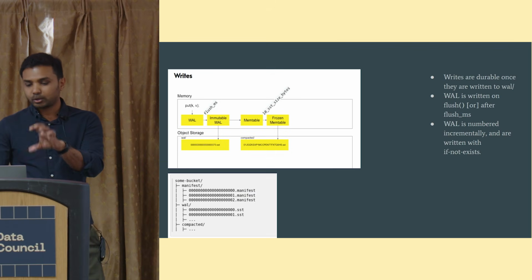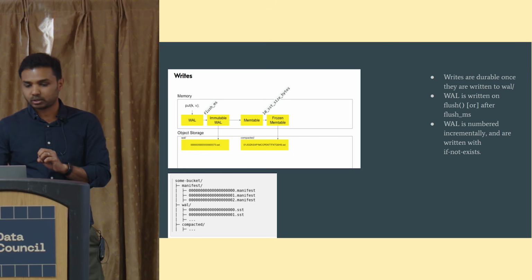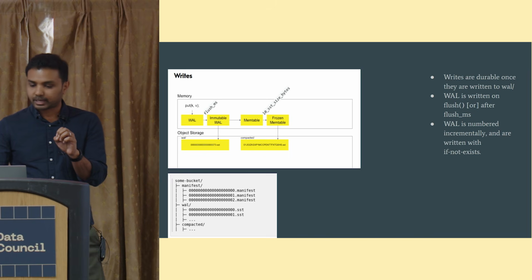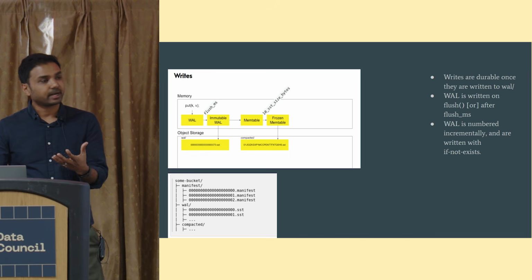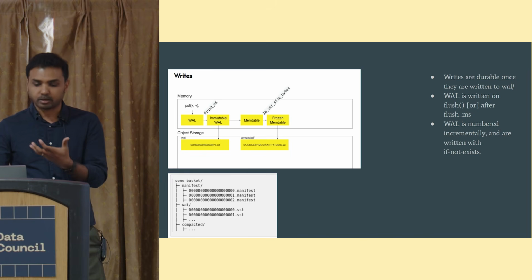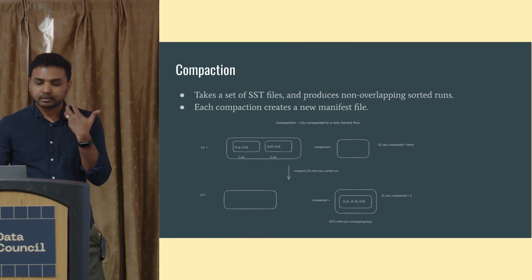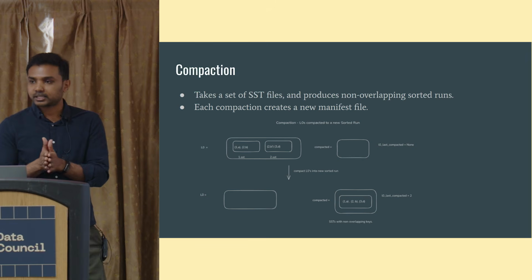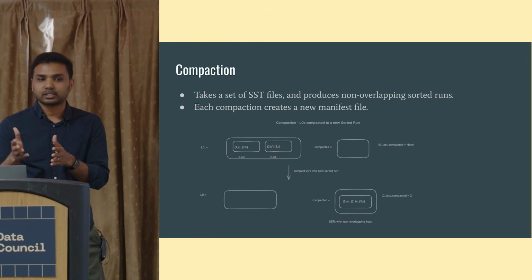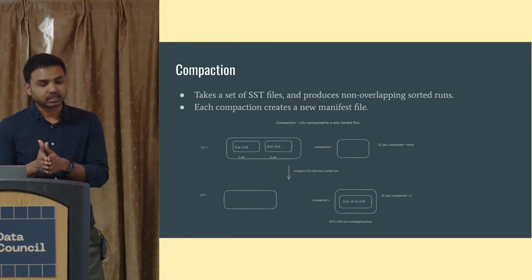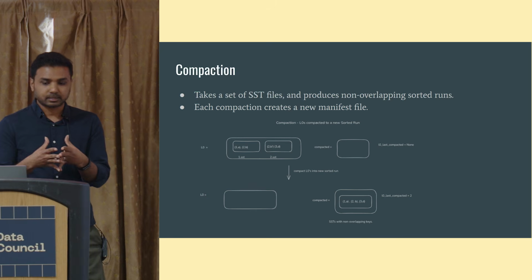So we are looking at the picture again, and we are looking at the right portion of the picture alone, and it has 3 kinds of files: manifest, write ahead log, and compacted. Both the flush ms milliseconds writes and the L0 SST size threshold based writes are going to create smaller files.